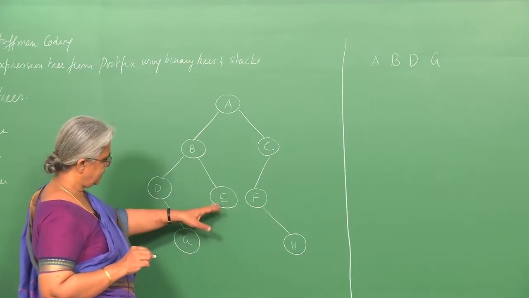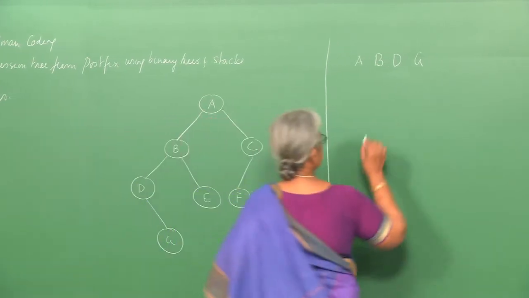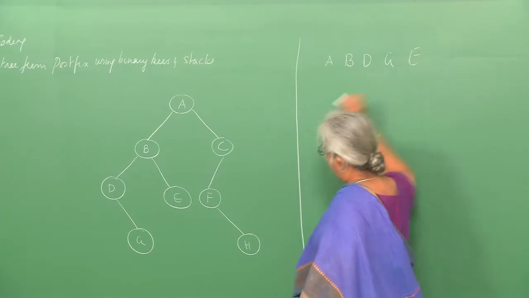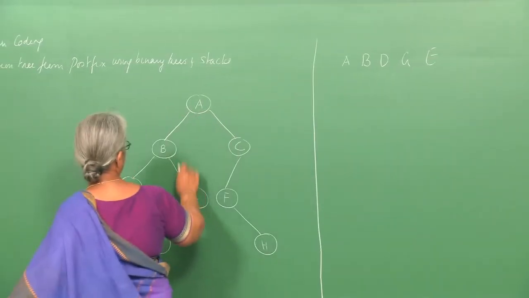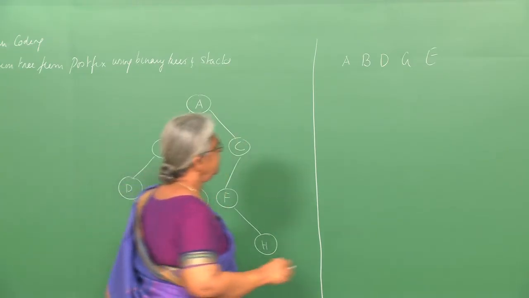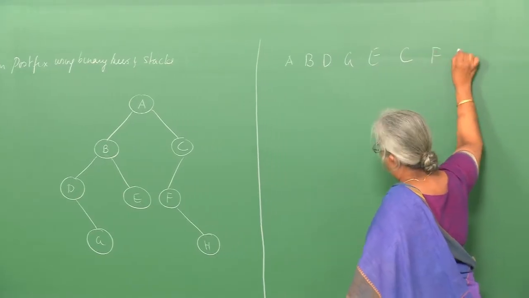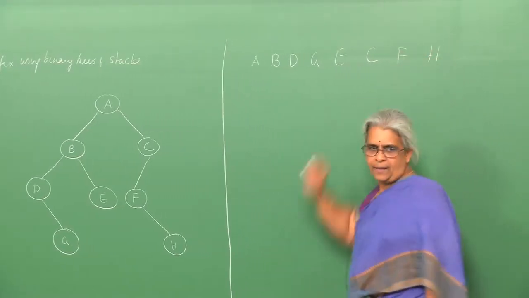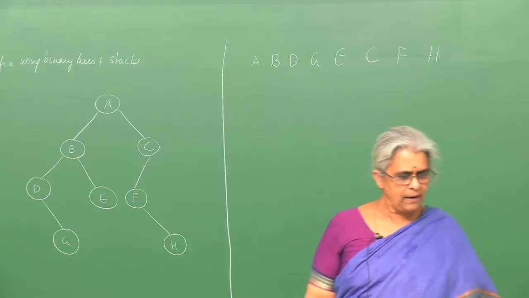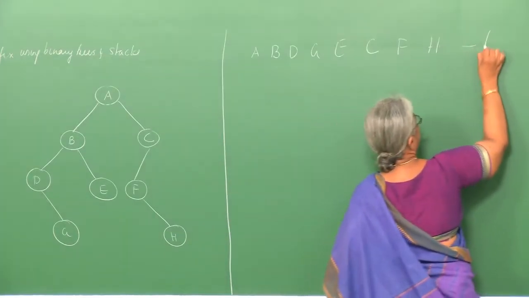Since it has no children, E is the last symbol that will be output, and then all these nodes have been visited. You go back here and go to the right subtree and visit this in pre order. So, you will get C, F and H. Okay. I think that is what is said over here. So, pre order traversal will give me this. Okay. So, this is pre order.